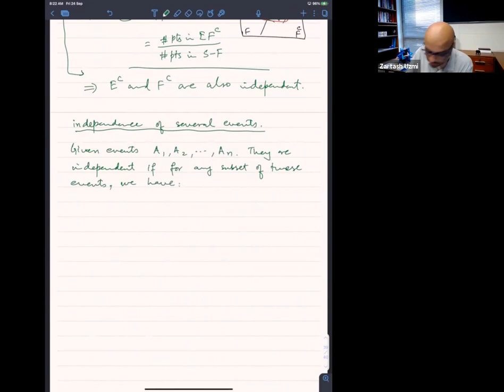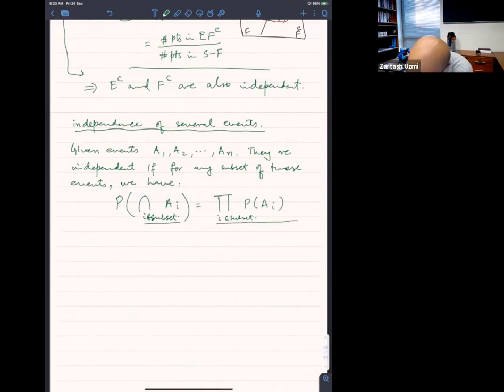अगर इसके किसी भी सबसेट के लिए हम लिख सकते हो कि probability of intersection of Ai, i in the subset, for every possible subset is equal to the product of i belonging to the subset probability of Ai. ये इक्वेशन यही कह रही है कि सबकी जो इंटरसेक्शन होती है वो उसकी probability is equal to the product of the probabilities.